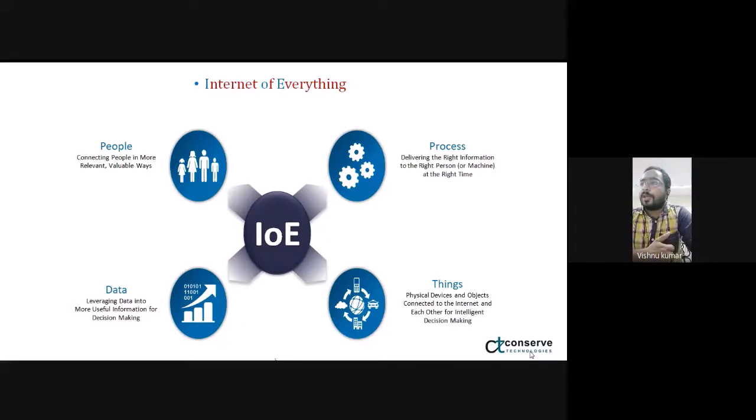For example, there are a lot of home appliances we are using now: IP-enabled TV, IP-enabled refrigerator, washing machine, everything we can connect using IP. What is IP? Internet Protocol. Using that capability of the internet, we can access everything from everywhere using this network. This is another application of IoT.